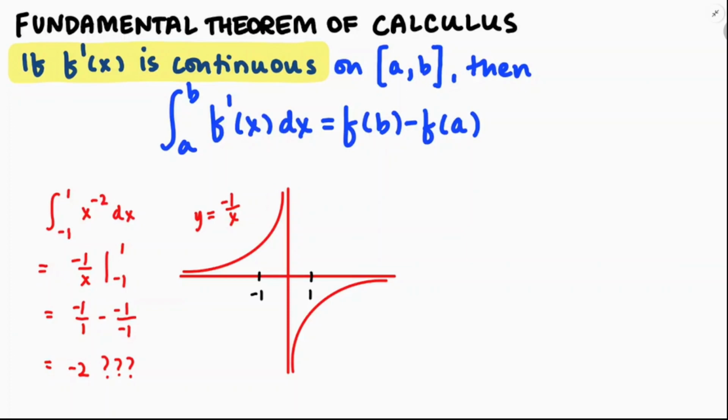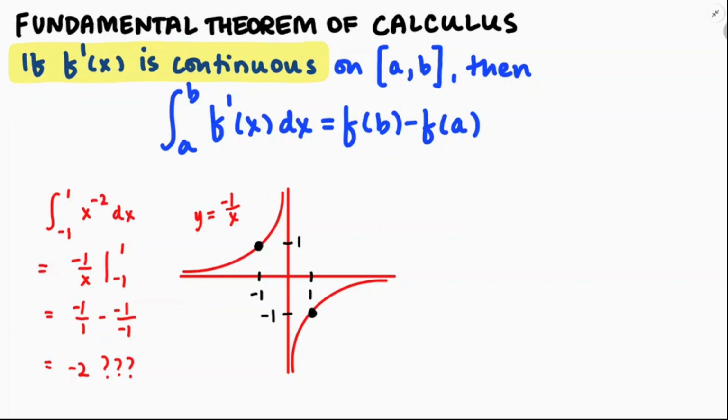You probably thought about the graph of y equals -1 over x before, maybe not recently, but at some point. If we look at the graph of the antiderivative, yes, this is up here at y equals 1, and this is down here at y equals -1. If we just look at the movement of the point, yes, the point went down by 2, but that's ignoring what happened at the discontinuity.